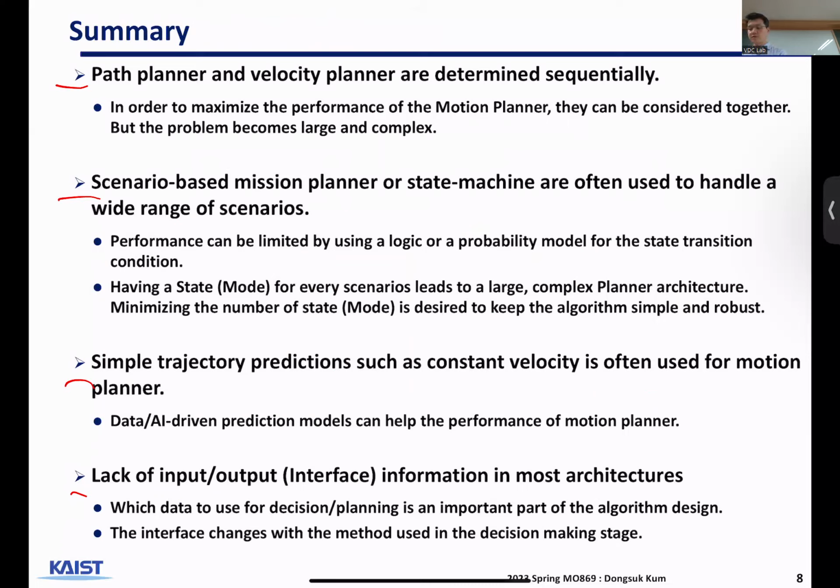Simple trajectory predictions are often used. And there's not enough detail about the interface input-output signals. Those are some of the observations or findings from looking at those examples.